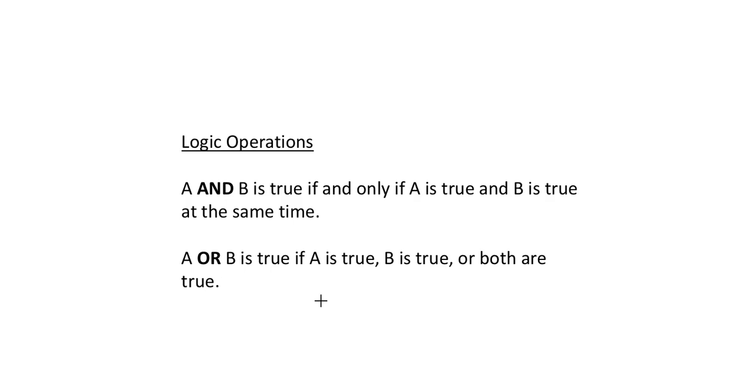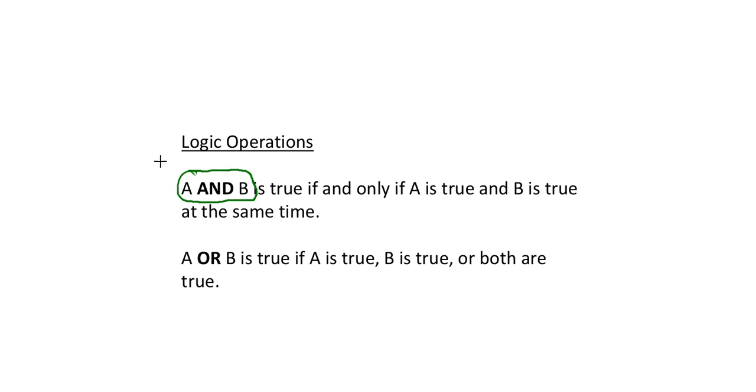All right, so A and B is considered a true statement as a whole, right? So we're looking at what's the truth of this statement in its entirety, A and B together. We consider that entire statement true if and only if the individual statements are both true at the same time.